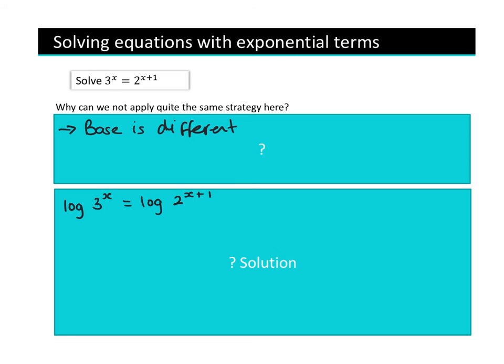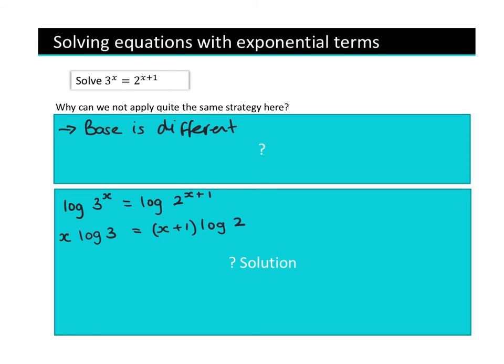Now I'm going to go back to the log laws. We know to the power of means x log 3 equals x plus 1 log 2. Now, imagine these logs are just numbers. Remember, log 3 is just a number.